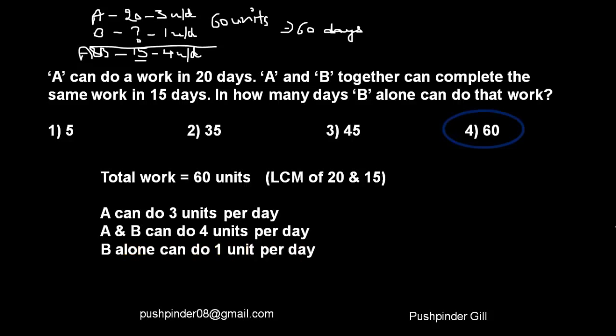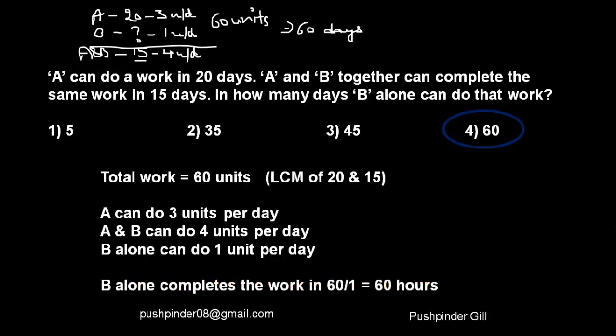So since he's finishing 1 unit every day and the job is of 60 units, that means he will take 60 hours. Okay, I'm sorry, it's 60 days. Fine. He is going to take 60 days to finish the job, right? I hope everyone understood this method over here. It's very simple. Let's go ahead and move forward.